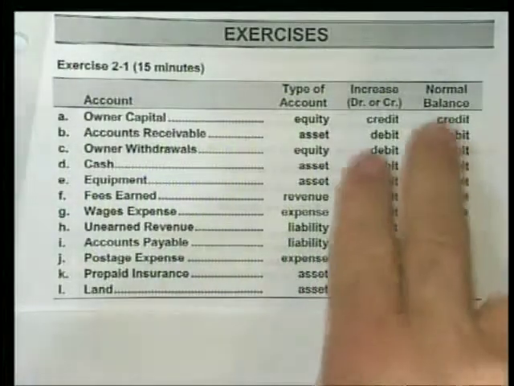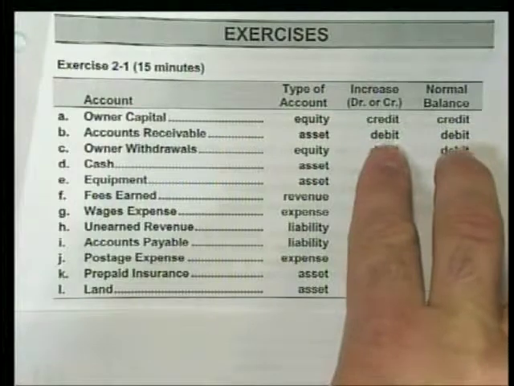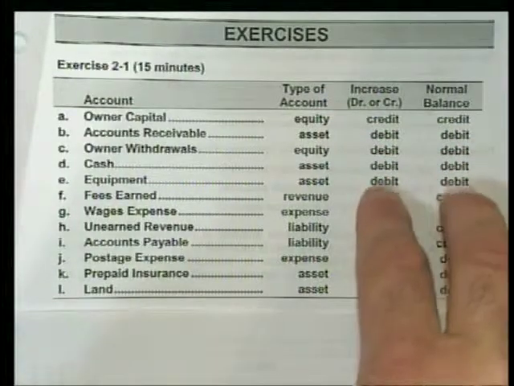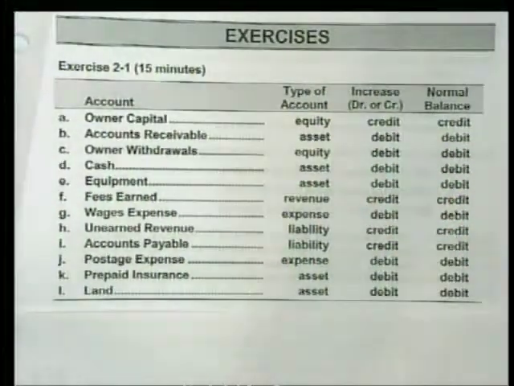Now, if you notice, the answers to these two columns are always the same, are they not? And I think that's their way of emphasizing that the normal balance of an account is, in fact, the way that you make that account increase.